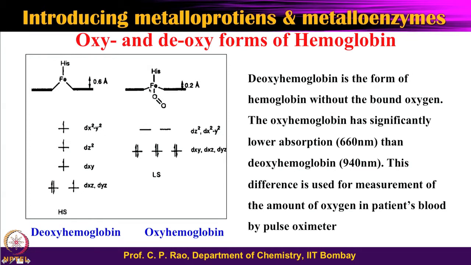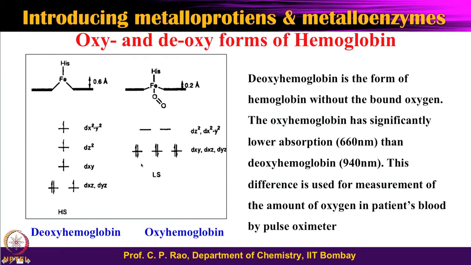I will explain in the next slide why in the oxy form iron fits more into the cavity of the heme, whereas it does not fit so much in the deoxy form. Just wait for a while. Or if you think in the meanwhile, it is already good. I will give a clue: there is a high spin iron center, there is a low spin iron center, both are iron 2. That is the clue. Now you can understand why it is going into the cavity.